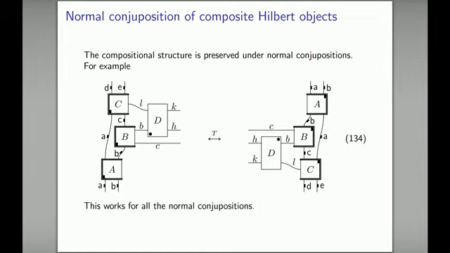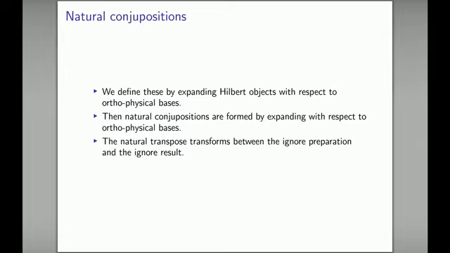So we define Hilbert objects now. Instead of expanding with respect to the orthonormal basis, we expand with respect to this new basis I'm going to define. And then we can get these natural conjupositions, and we'll find that the natural transpose does transform between the ignore preparation and the ignore result. So this will all work.